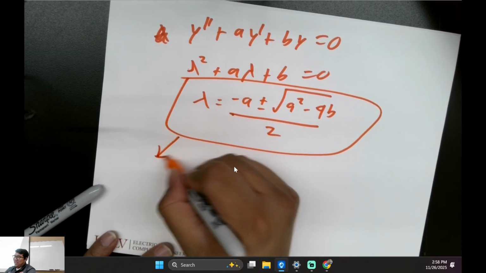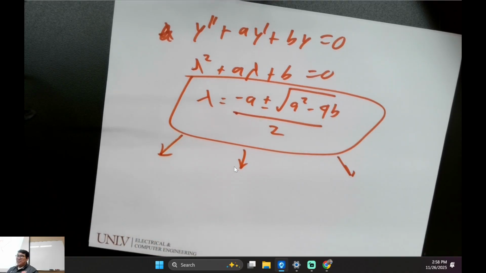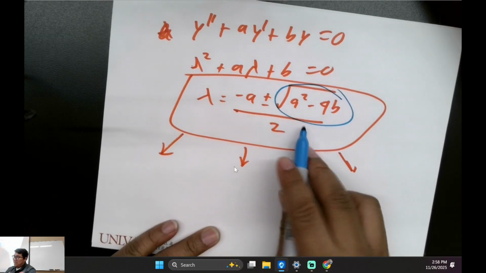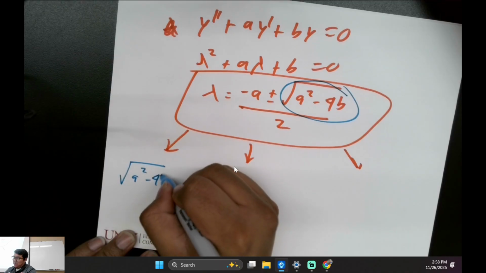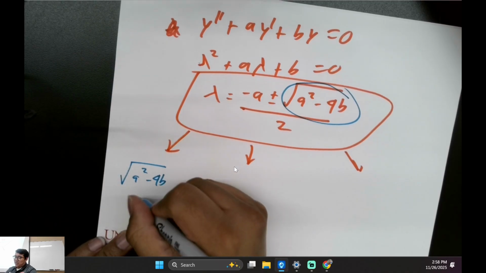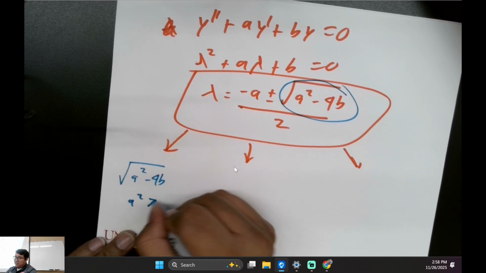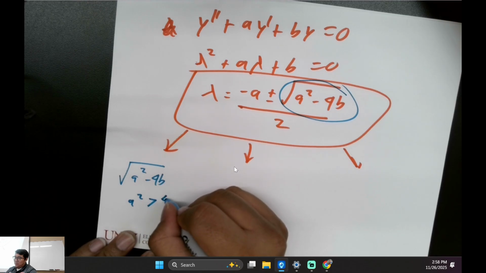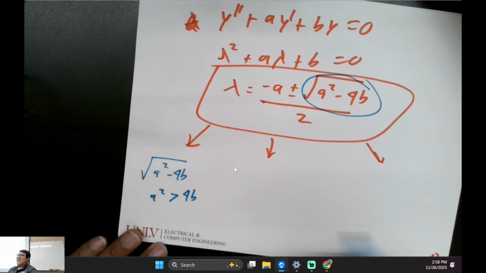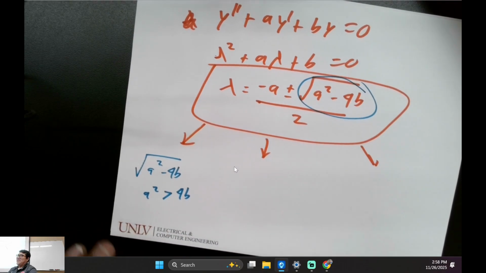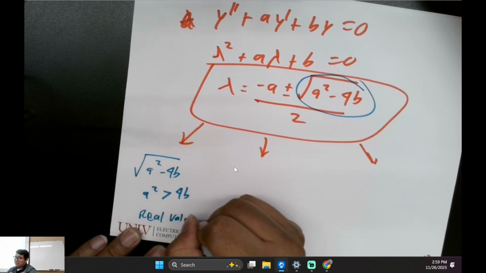You can get 3 types of conditions with this. Looking at just this term right here, if a squared minus 4b gives you a result where the a squared term is bigger than 4b, then you get real components, a real value.